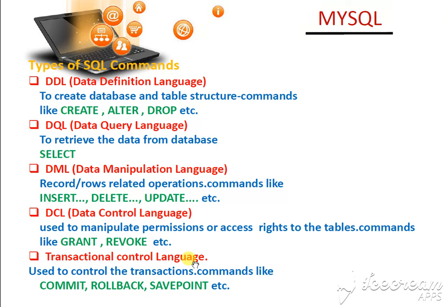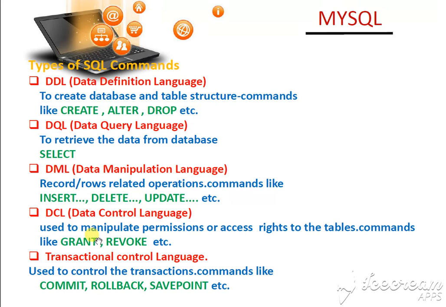Data definition language helps you to define, easy to remember, like create, alter, drop. Data query language helps you to ask questions, like select. Data manipulation language helps you to manipulate the database, like inserting, updating, deleting. Deleting here does not mean deleting a total table, it means deleting one single row or column.